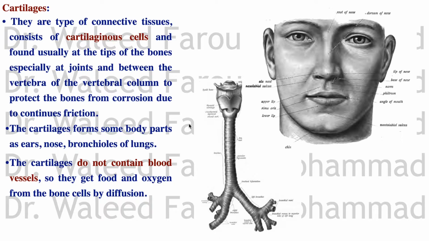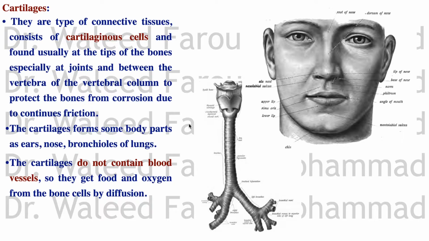Tips of bones معناها في المفاصل اللي بين البونز, especially at joints and between the vertebrae of the vertebral column, to protect the bones from corrosion due to continuous friction. So the cartilaginous cells are at the tips of bones, especially in the joints, to protect the bone from friction.